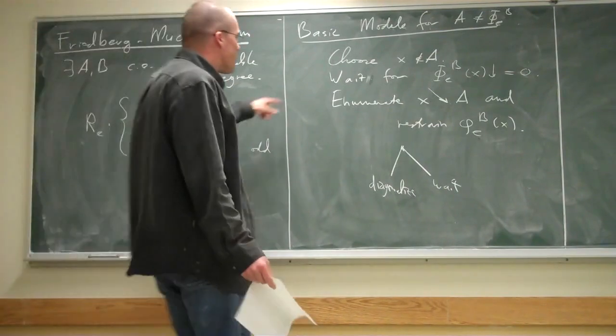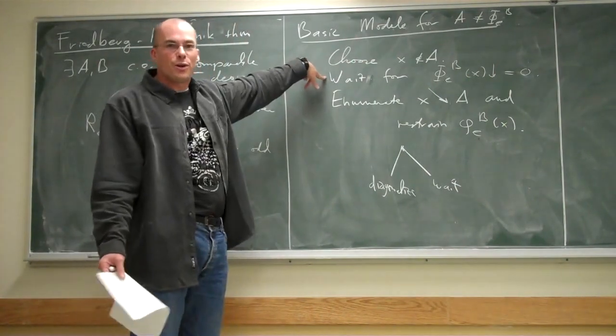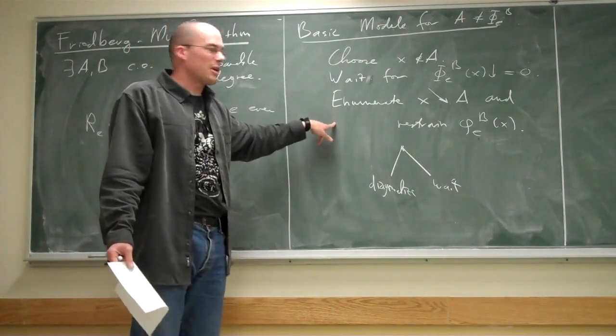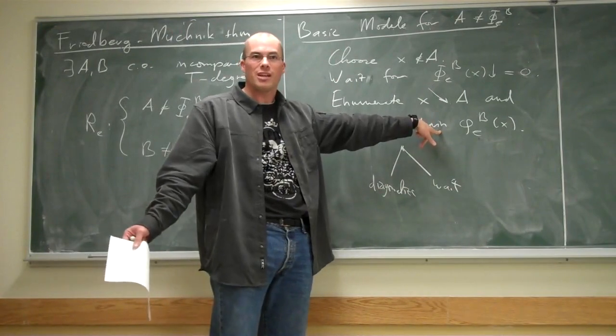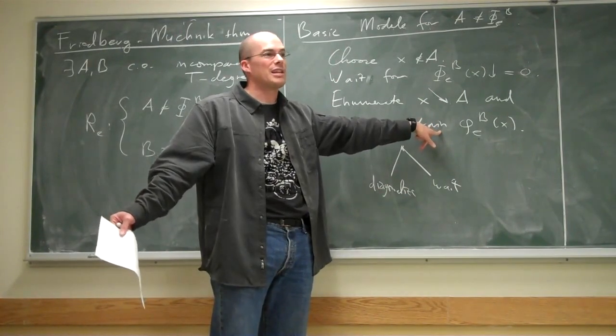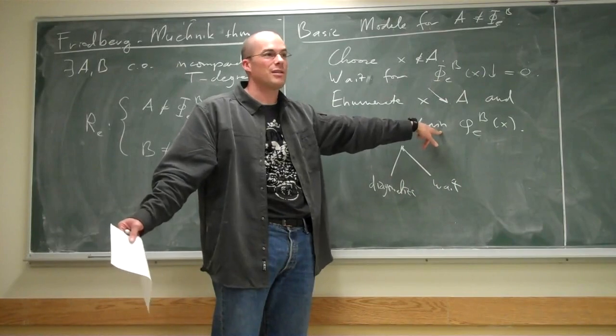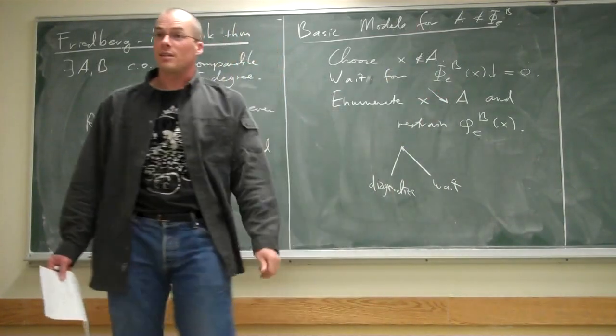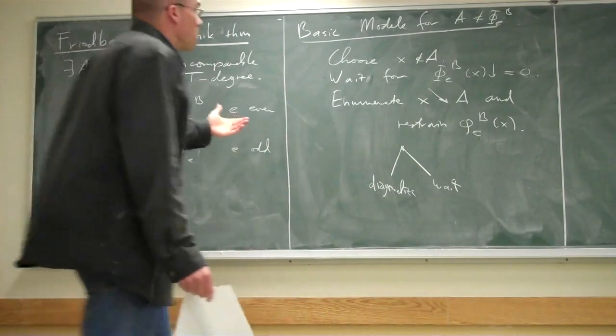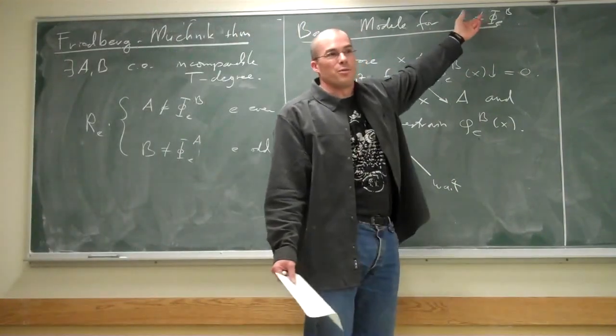Right? Because either you keep waiting forever, or at some point you enumerate and protect, and if your restraint succeeds, right? If the B doesn't get changed below this restraint, then this will be forever preserved, and you've succeeded in making A different from phi of B.